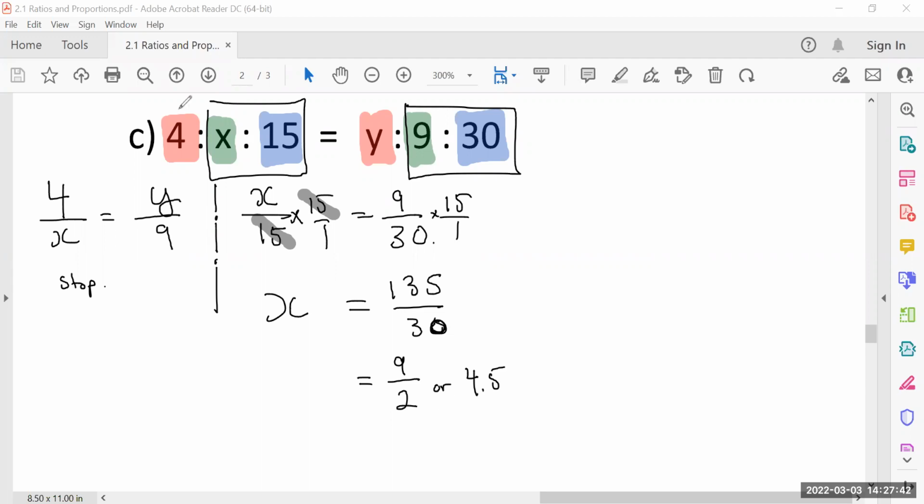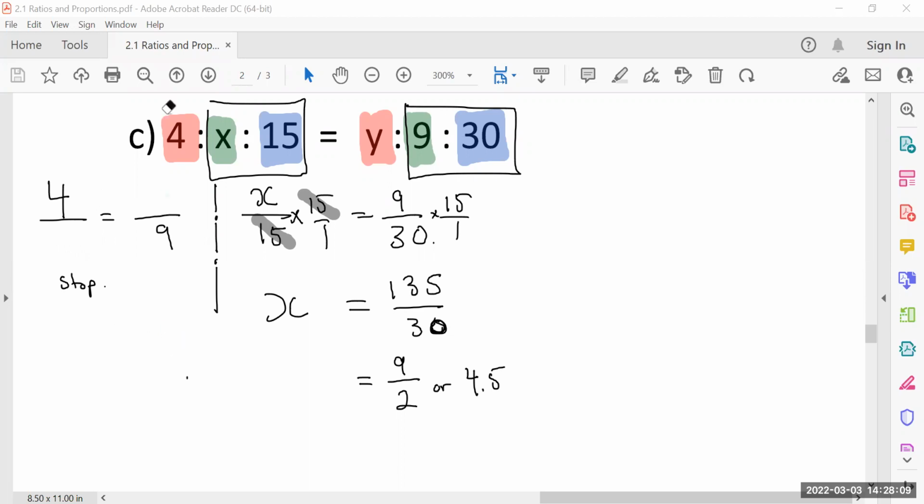Yay. Why am I yaying about this? Because I could bring it back in. Sorry, Ron. If I bring it back in, because I have my X now, look, 4 over 4.5 is equal to y over 9. Oh, shoot. Sorry. Why did I do y over x?